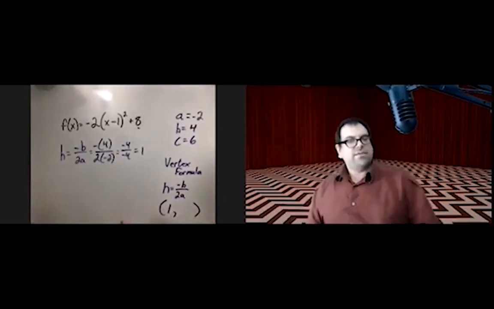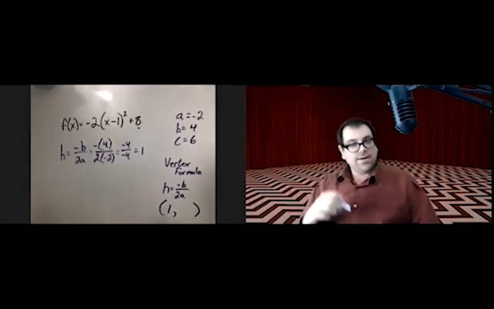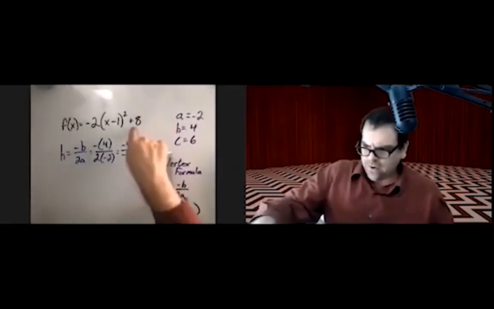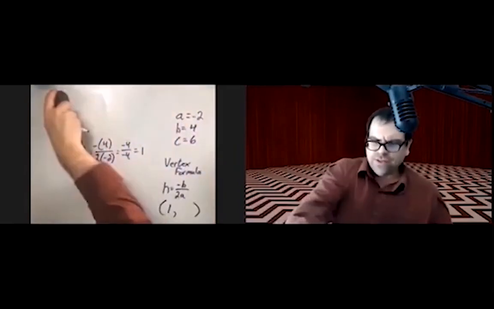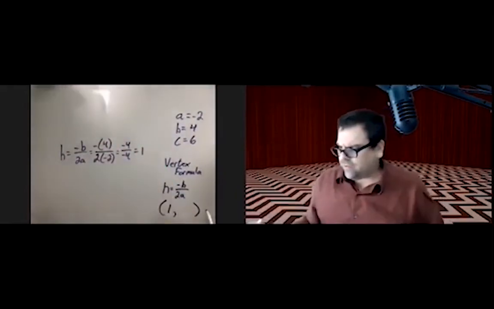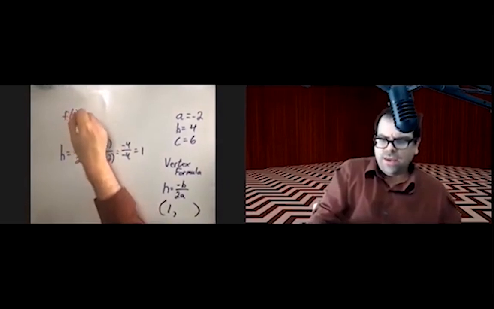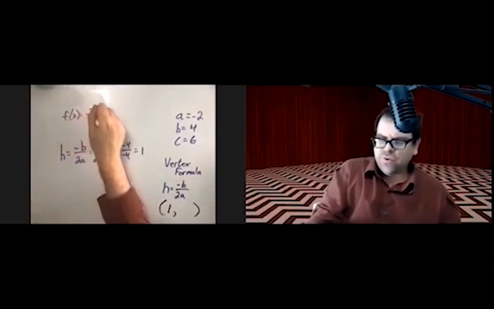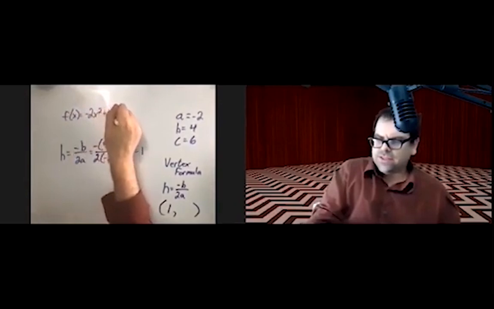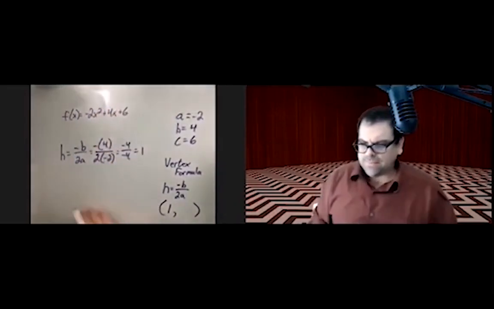Well, how do we find k? We plug 1 into the function. And we don't use the vertex formula for that; we use our original function, f of x equals negative 2x squared plus 4x plus 6.